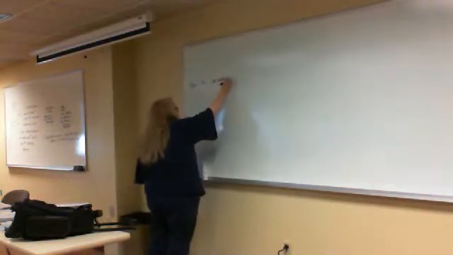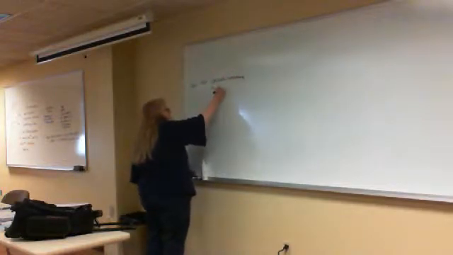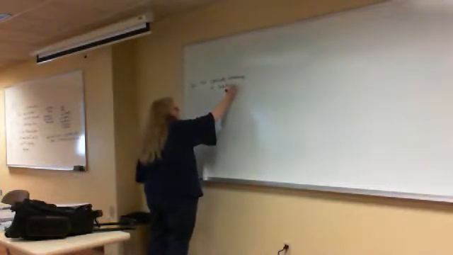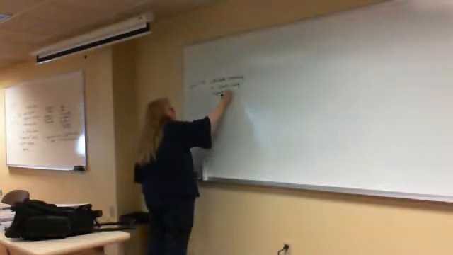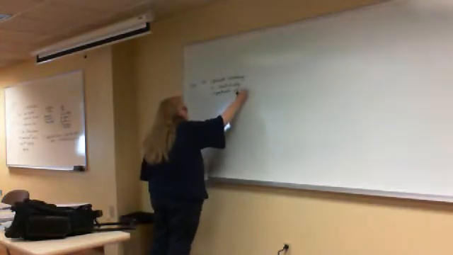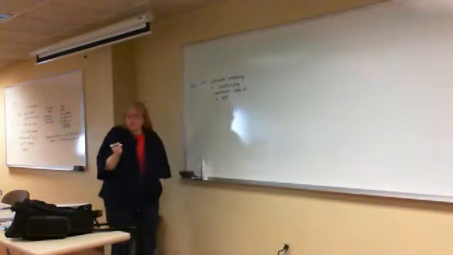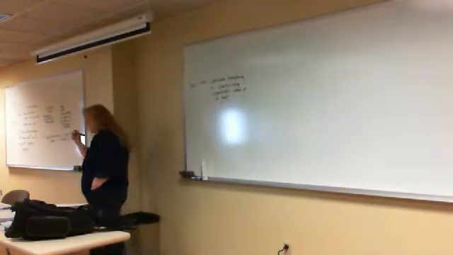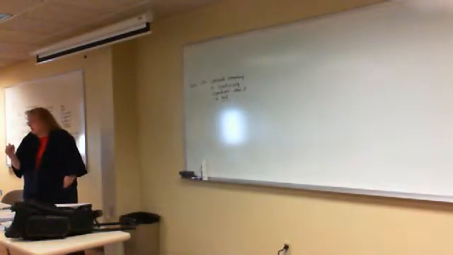Conclude something is statistically significant when it is not. Okay, so that's one type of error you could make. You could say this thing is statistically significant when it's really not. Okay, that's type 1.